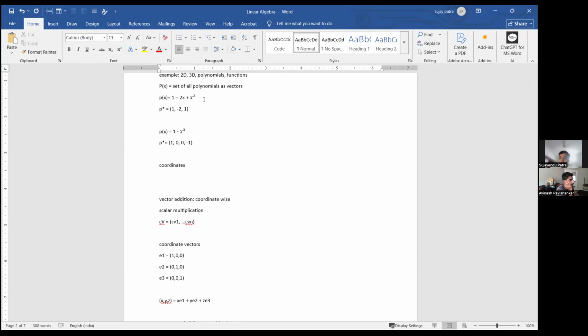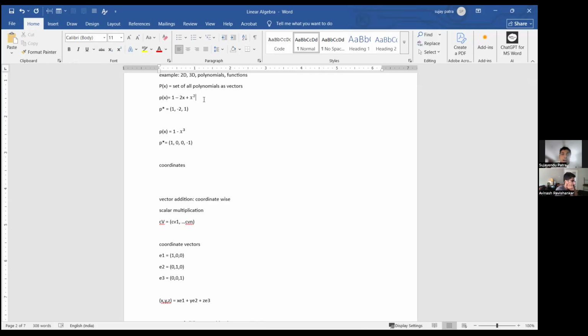That will go to the nth coordinate. The coefficient doesn't matter, you're talking about the dimensions. Every 1, x, x square, all these are individual coordinates, individual basis vectors. So the total dimension is infinite.